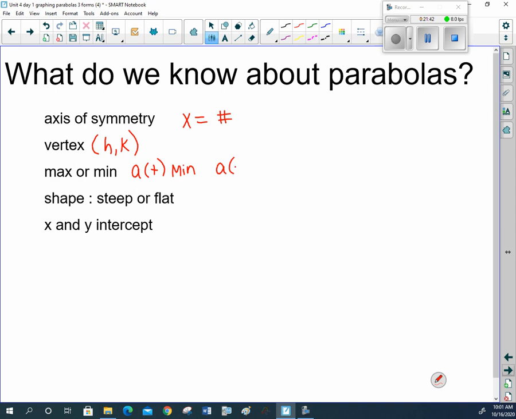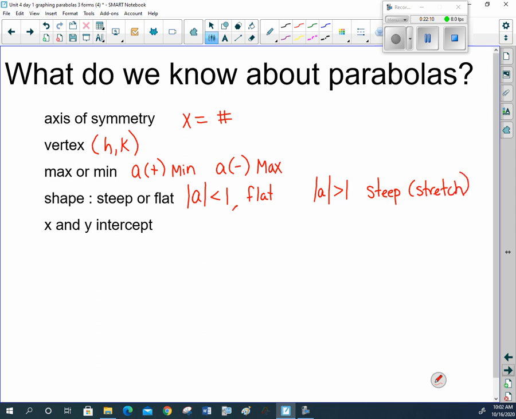If A is a negative number, you know the vertex is a max. The steepness or flatness of the shape: if the absolute value of A is less than 1, it's a little more flat. And if A is greater than 1, that's when it's steep. That's when we stretch it. So this is our stretch.